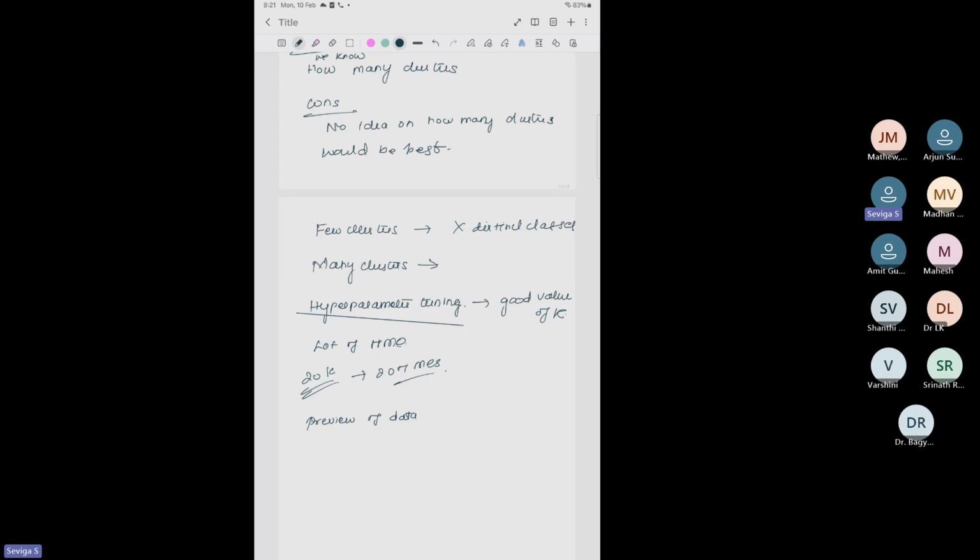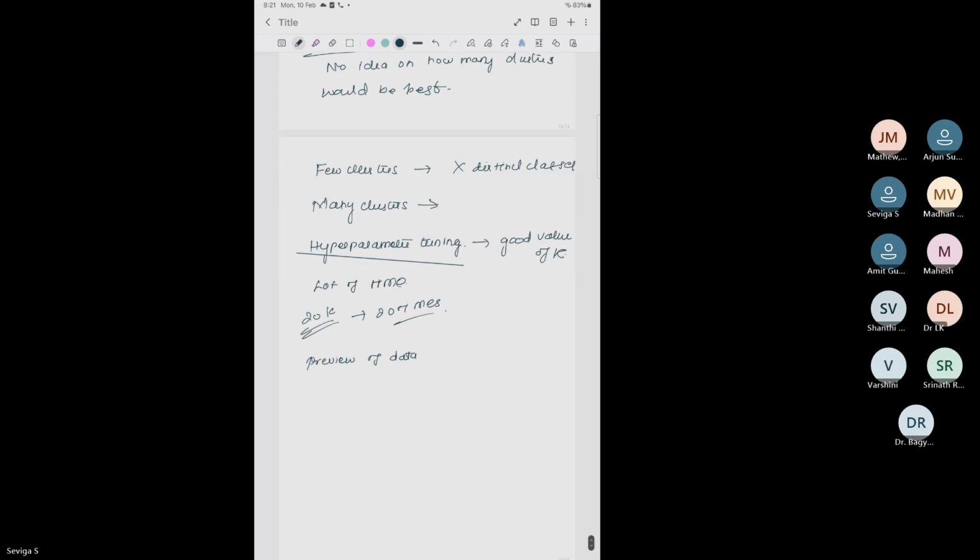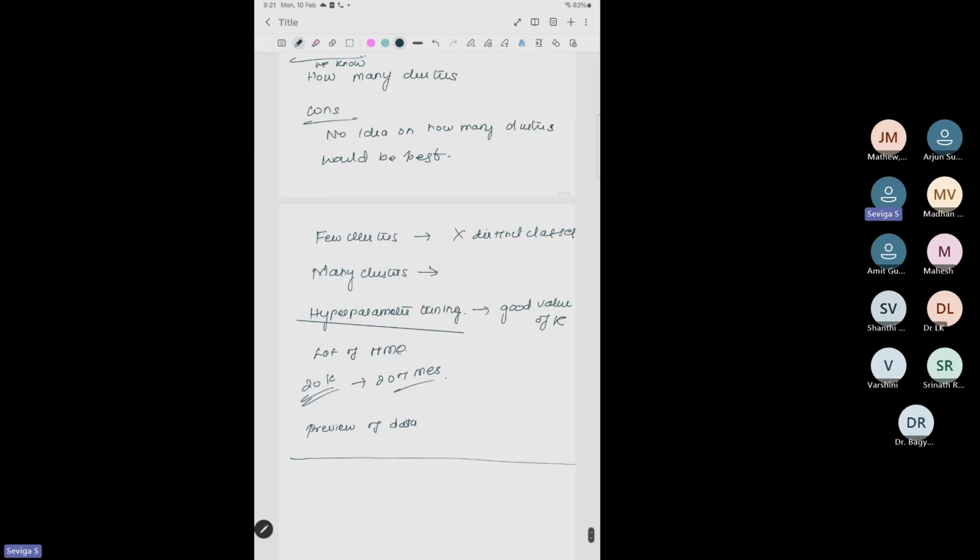If you look at the data and understand how many classes it might have, if you get some intuition beforehand, we can straight away fix the value of k, and with fewer iterations we can get the best value of k. Is it clear?